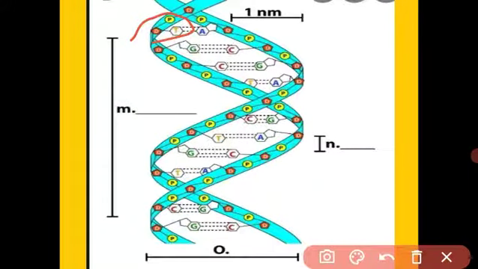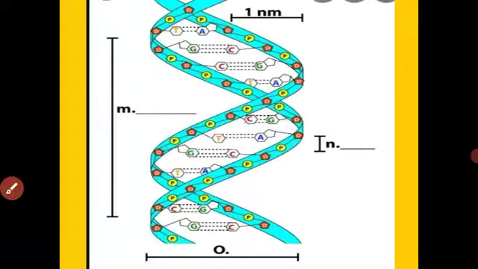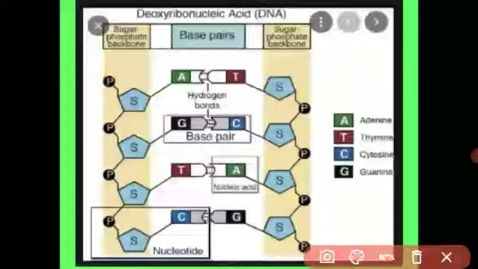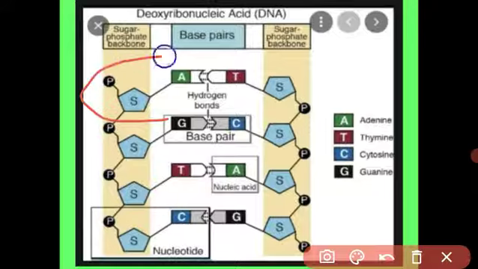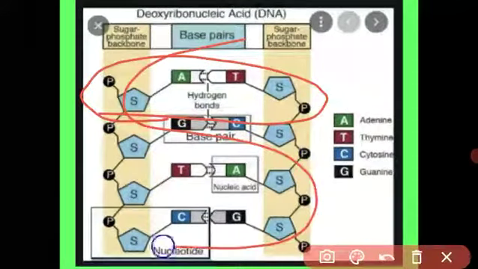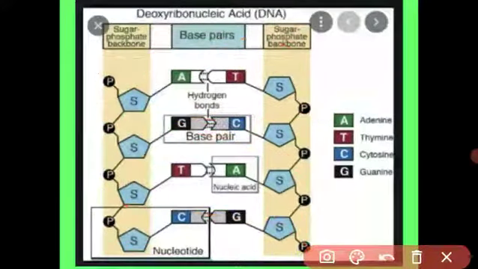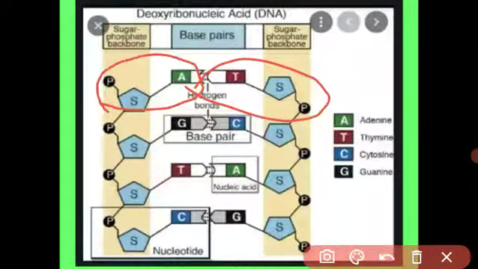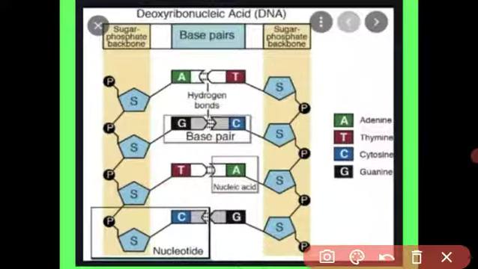What is a nucleotide? The nucleotide contains three components. See, this is the structure of nucleotides. Each strand of DNA is composed of nucleotides. A nucleotide has three groups: a phosphate group, a sugar, and a nitrogenous base.